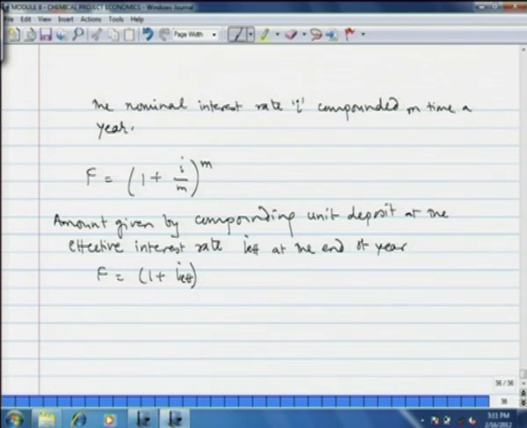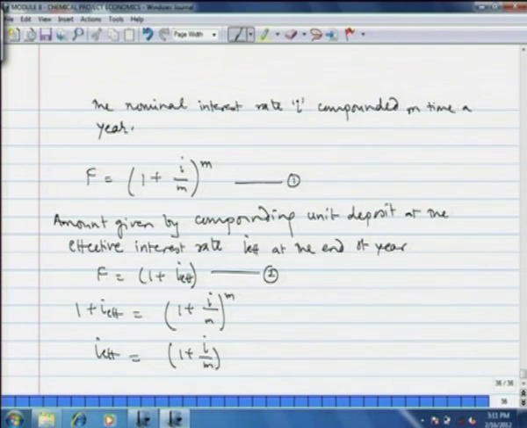And now we have to equate the two equations, number 1, number 2. So, 1 plus I EFF is equal to (1 plus I divided by m) raised to m. So, I effective is (1 plus I divided by m) to the power m minus 1. So, this is a relation between I effective and I.